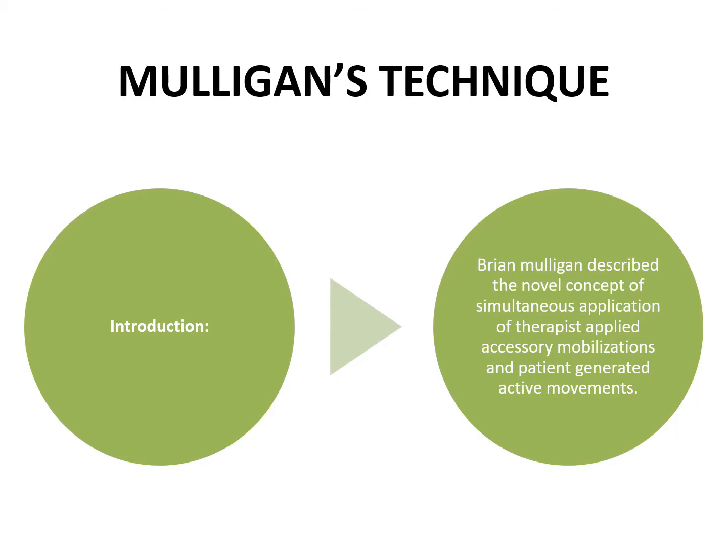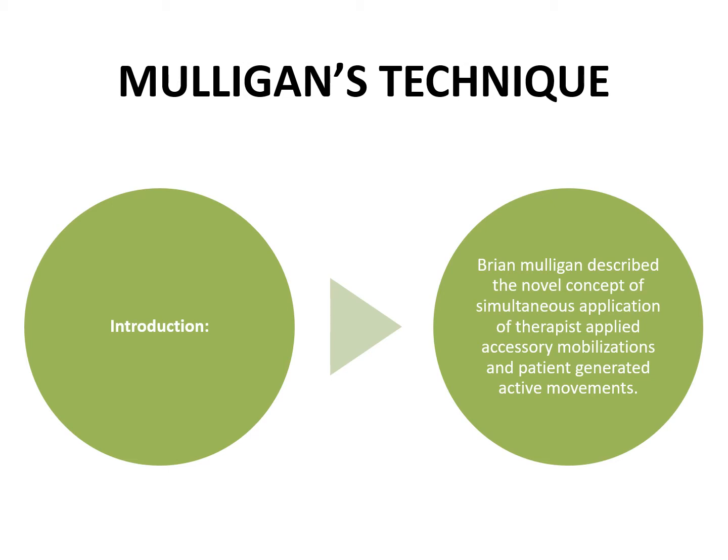So the Mulligan concept was given by Brian Mulligan, which was a novel concept in which there is simultaneous application of accessory mobilization techniques by the therapist and active movements by the patient. Basically, in this technique, the therapist will apply a particular glide which is required for the condition, and the patient will simultaneously do the active movement which was painful initially.